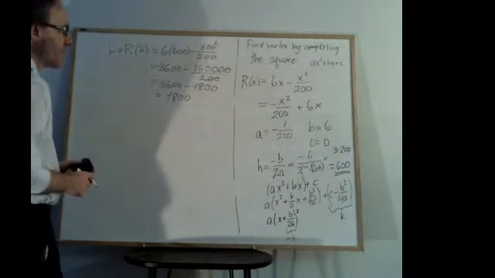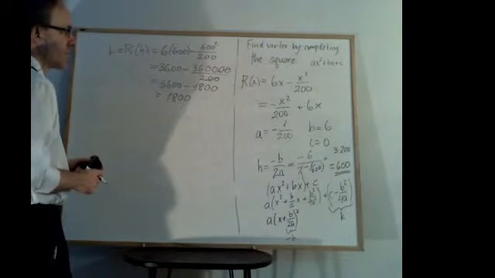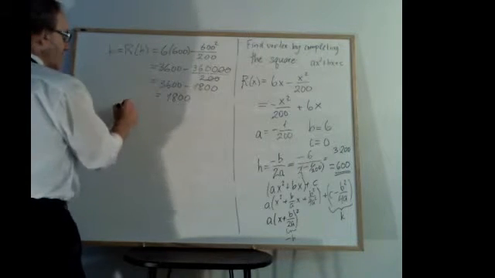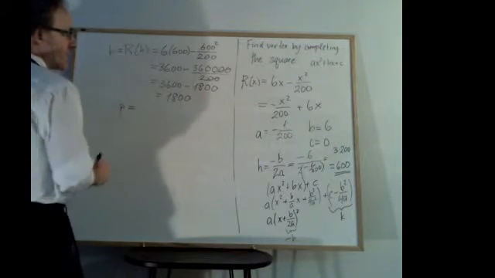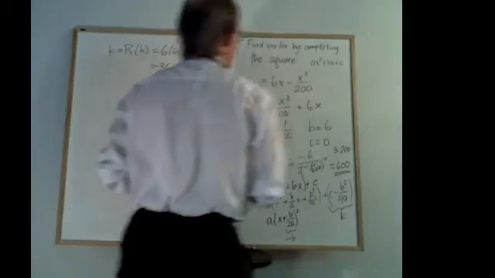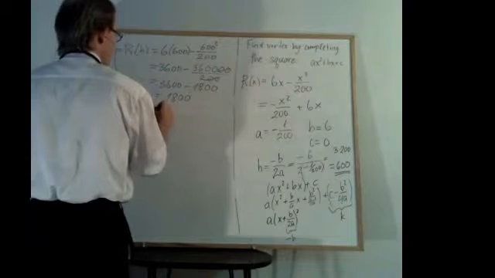Okay, that would be the revenue obtained by selling 600 items. Let's just check that with the price as well. Price is what? Originally it is 6 minus x over 200.